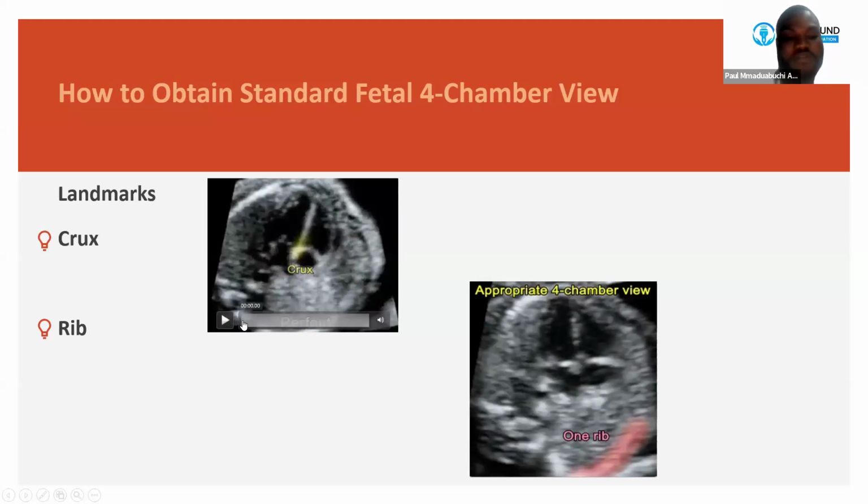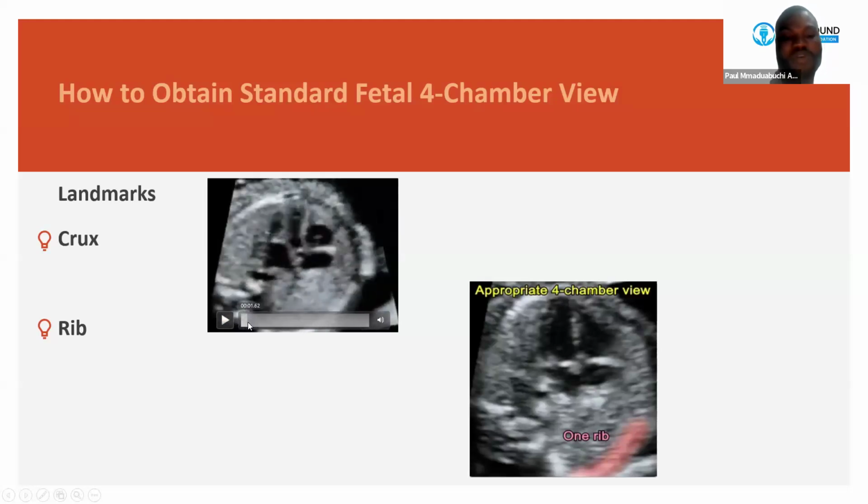However, when you move your probe more down, you'll be able to see your aortic origin, which shows you that this is not a standard view for your fourth chamber. You will not be able to access the fourth chamber view when you're seeing the aortic origin.